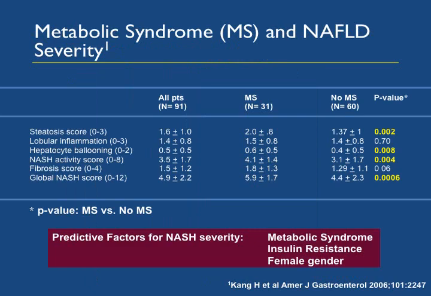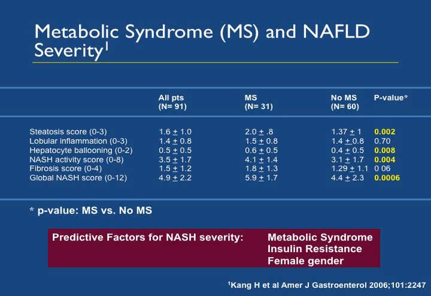Now, is there another way of looking at NAFLD severity based on the clinical features? This is a study from our group which has shown that if you see a patient in your clinic and they actually meet the criteria for metabolic syndrome, they're more likely to have NASH and also more likely to have bridging fibrosis and more disease severity.